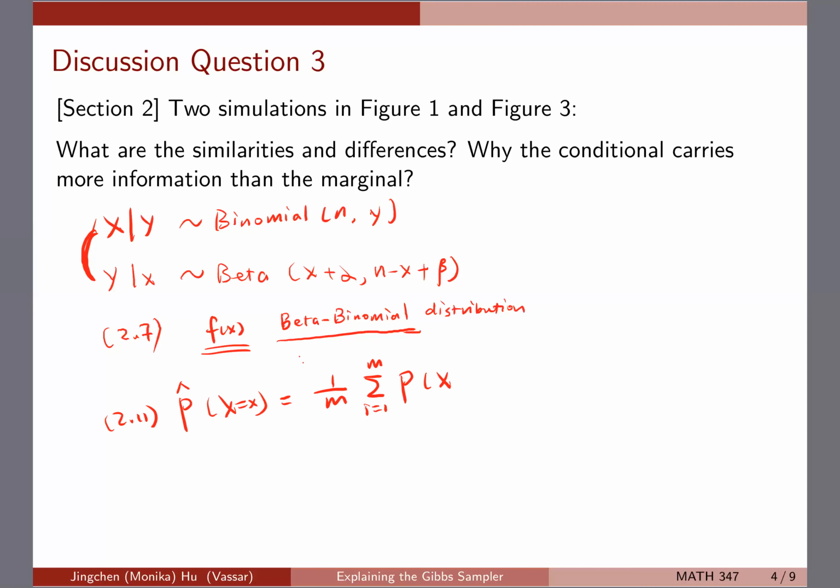So what they do is they evaluate the PMF of x, given the second last draw of your y, that your last draw of x is depending on. So they utilize this as well. So for each Gibbs sampler sequence, that's the index i here, they look at the last one, and they're using the last y value in terms of averaging the density of each of the x values.